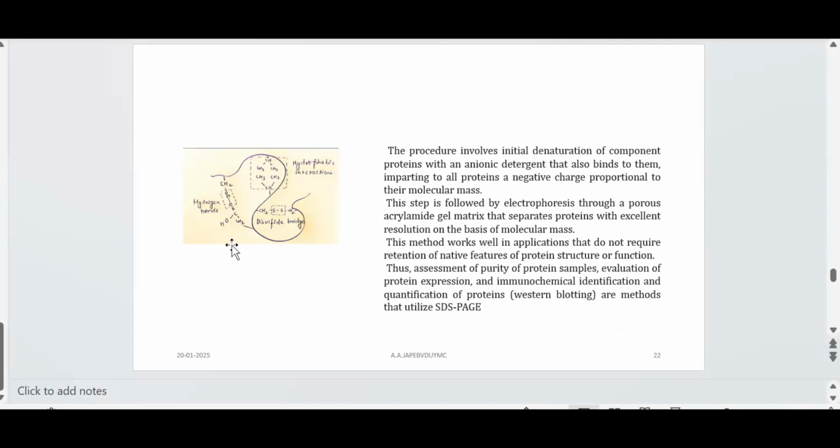Here I am showing a single polypeptide which is folded. And how are the disulfide bridges formed? How does the hydrophobic interaction occur between the hydrophobic groups, CH2 groups and CH3 groups? And here is how the hydrogen bond is formed, right?